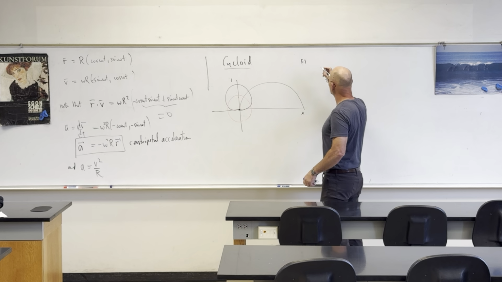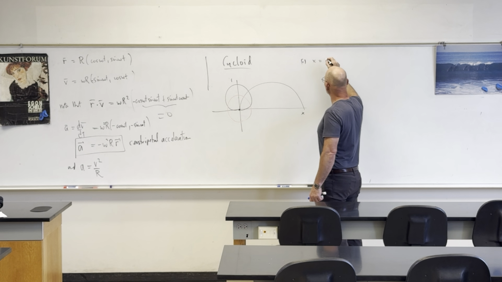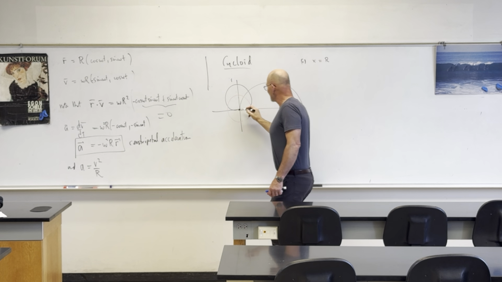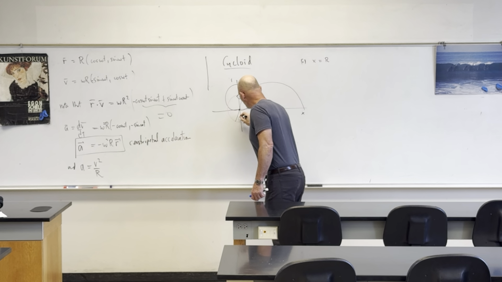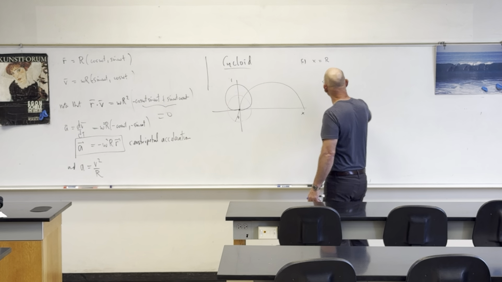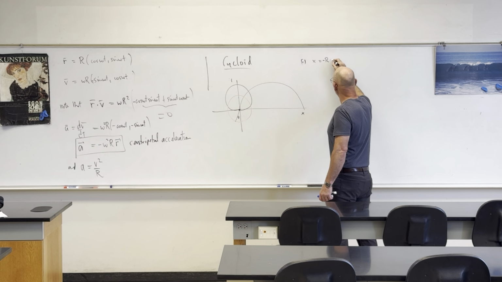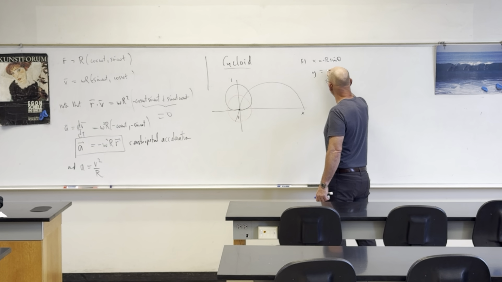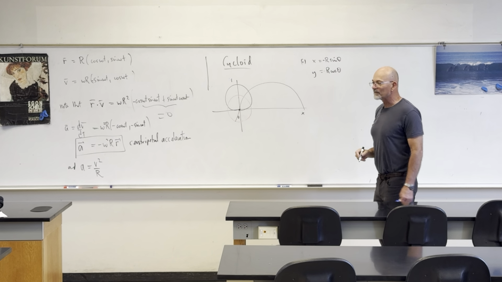And I would have x equals, I'll do this next time, x equals r, but since I'm measuring my angle right there, it would actually be negative r sine theta, and y would be equal to negative r cos theta. So that would be my first step.